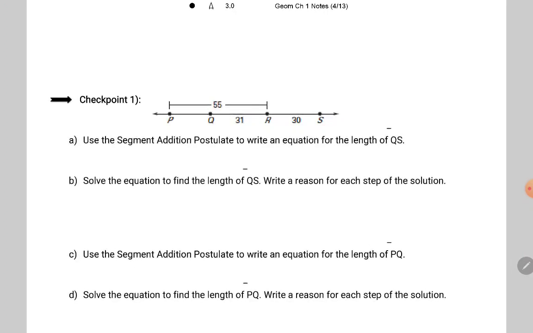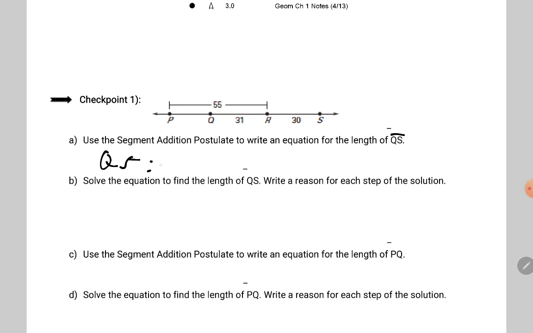Alright, checkpoint 1. Use the segment addition postulate to write an equation for the length of QS. So the segment QS. Alright, so QS, we're doing length.